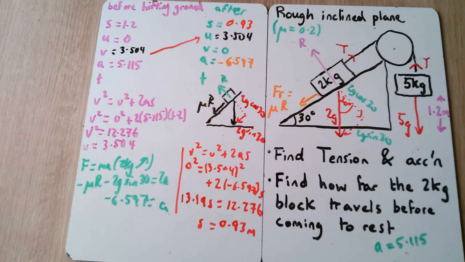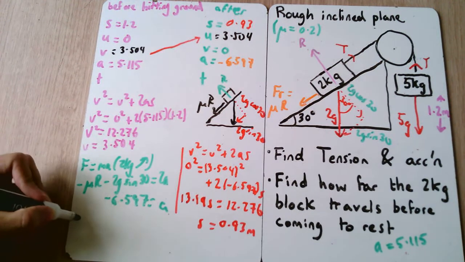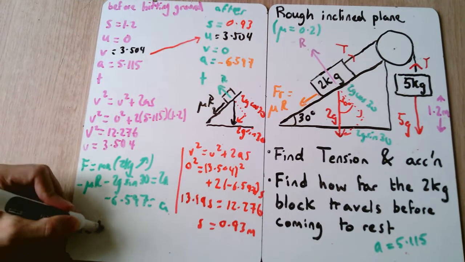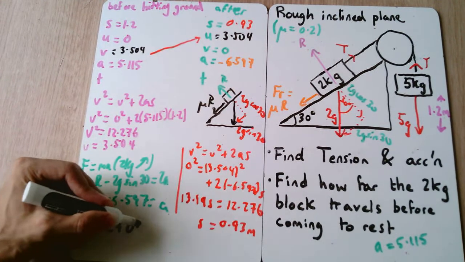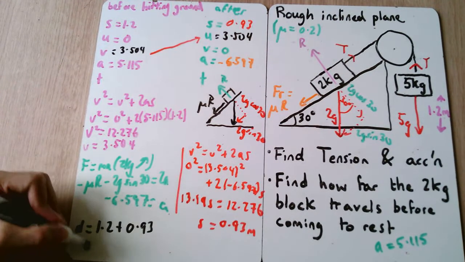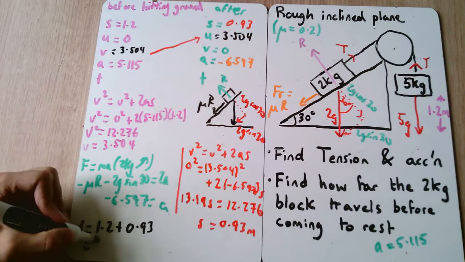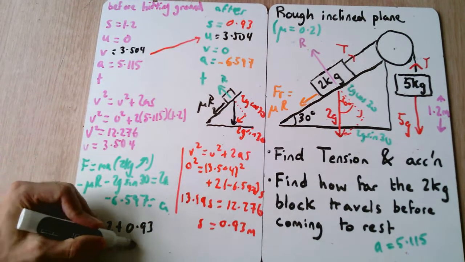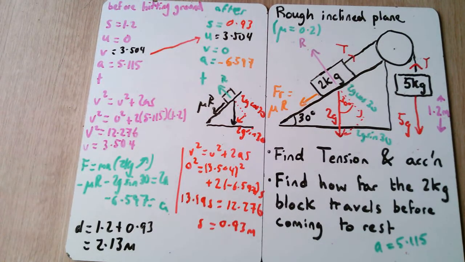Well, from the beginning, it didn't say find how far it travels after the 5 kg block hits the ground. It's saying how far does it travel in total before coming to rest. So we actually just need to add up the 1.2 and 0.93. So very simply, last step here is to say the total distance is 1.2 plus 0.93, which gives a value of 2.13 meters. And that's the full question.